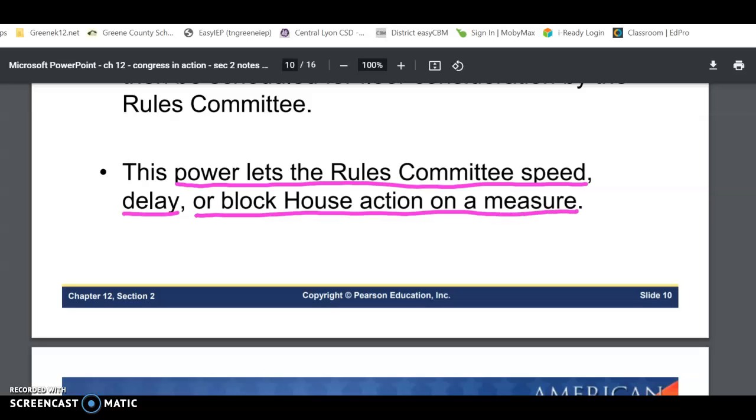So the Rules Committee can speed up voting, I didn't really cross my T there, speed up voting. It can delay voting, or it can block voting on bills.